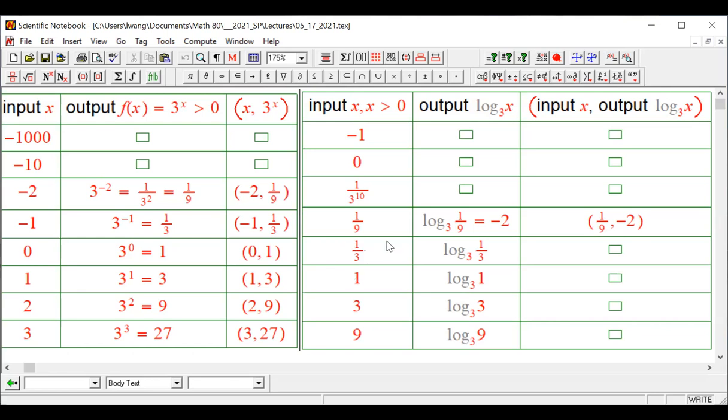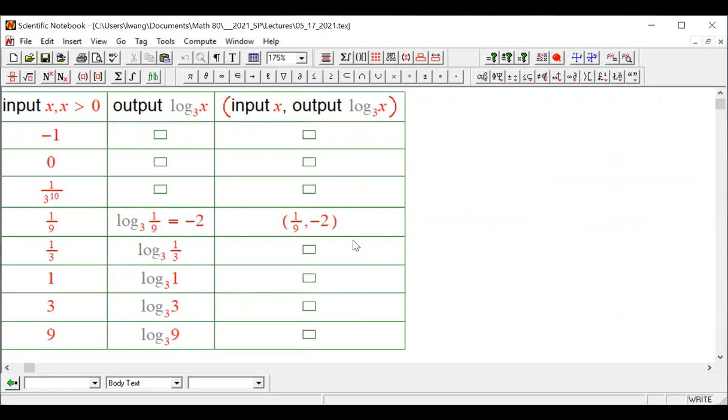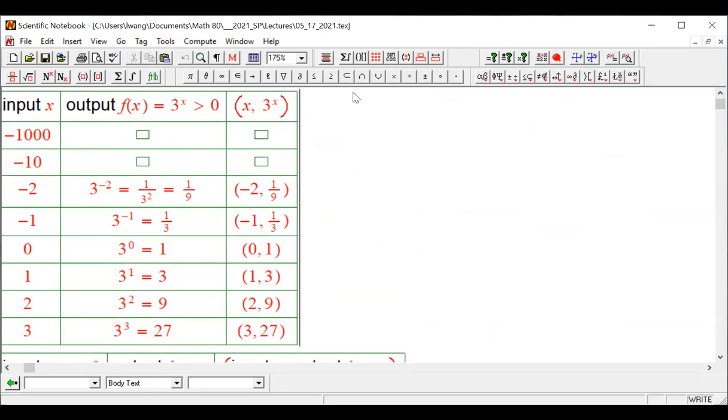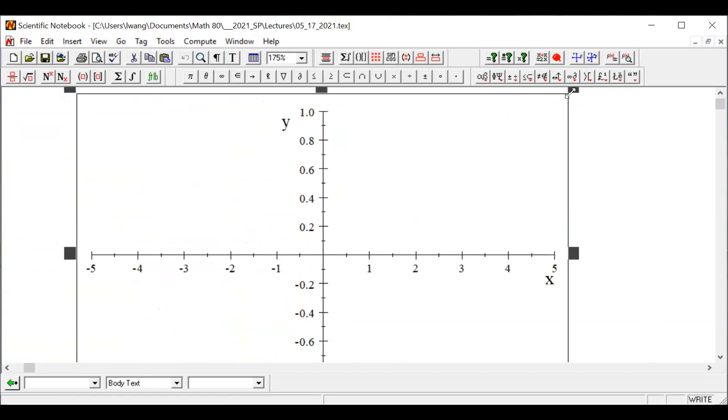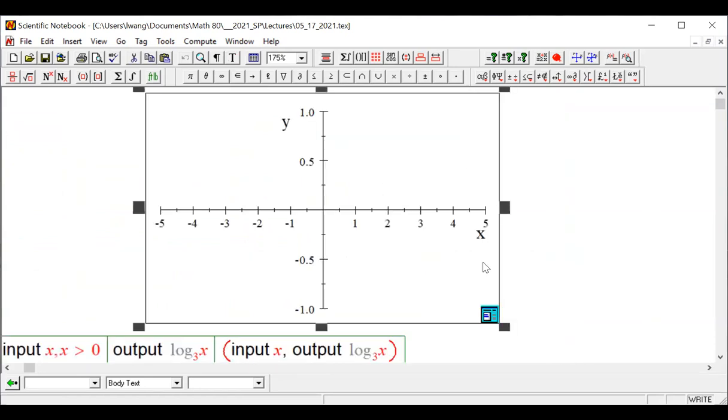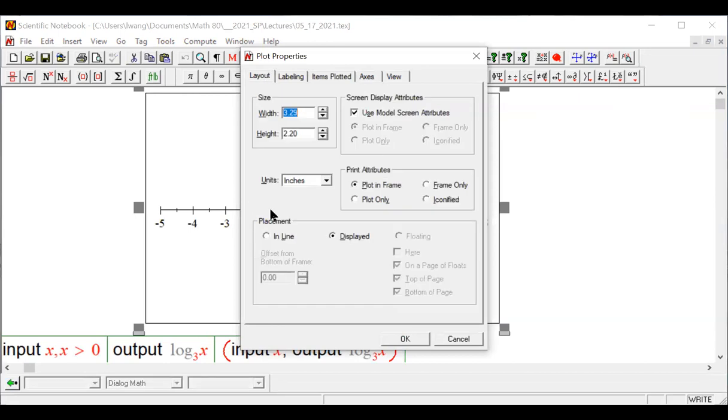Let's plot these points. So I'm going to set up a rectangular coordinate system right there. Everybody, please do this. This lays the groundwork for our future studies.